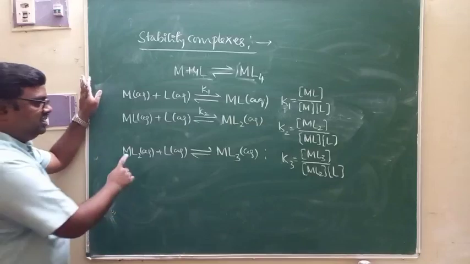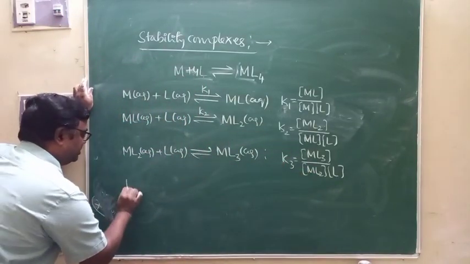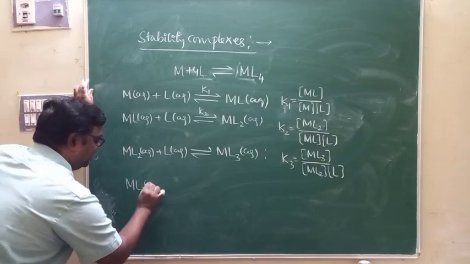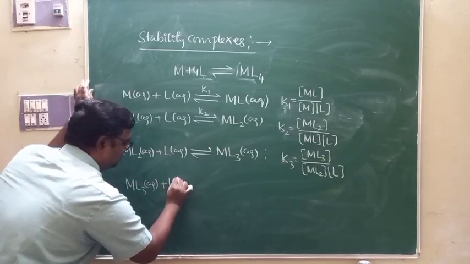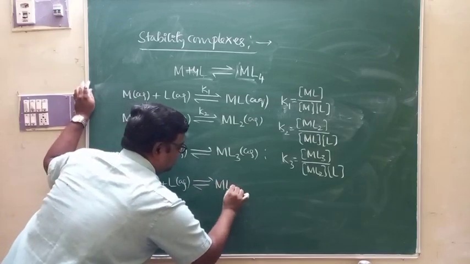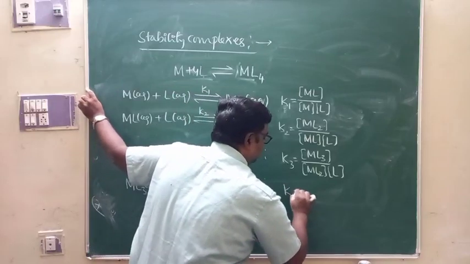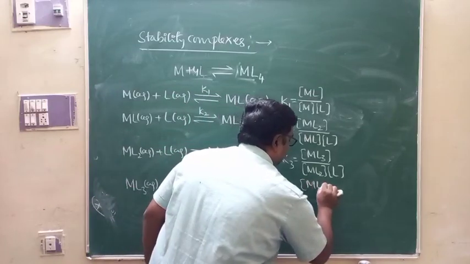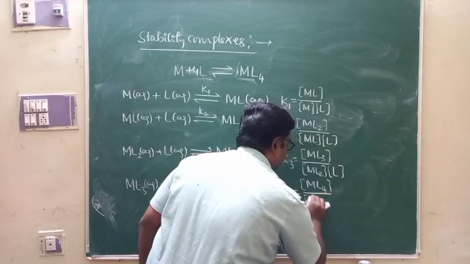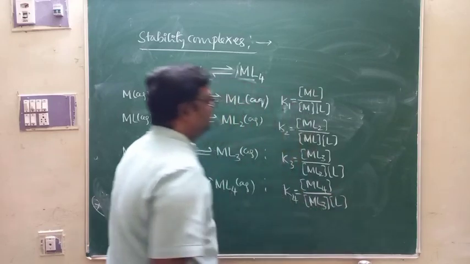So this is what we call the stepwise equilibrium constant of this particular step. In the next step, ML3 in aqueous solution combines with one more ligand L, and that leads to ML4, aqueous. That is K4, right? That's equal to ML4 divided by ML3 into L.